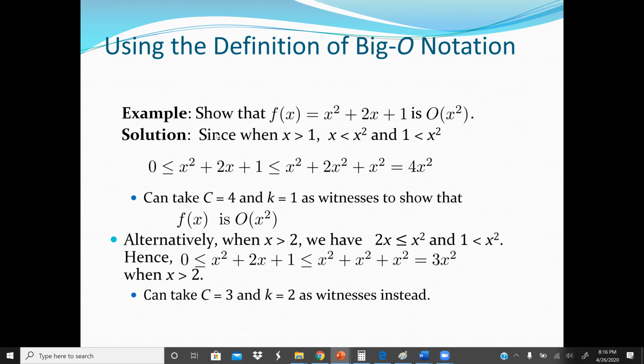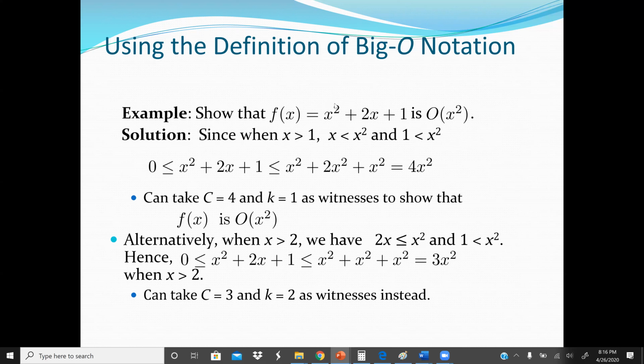And here we say that, okay, since when x is greater than 1 and x is less than x squared, then we know that 1 is less than x squared if x is greater than 1. So in this case, we can write x squared plus 2x plus 1 should be greater than or equal to 0, and it should be less than or equal to, again, the highest exponent is x squared.